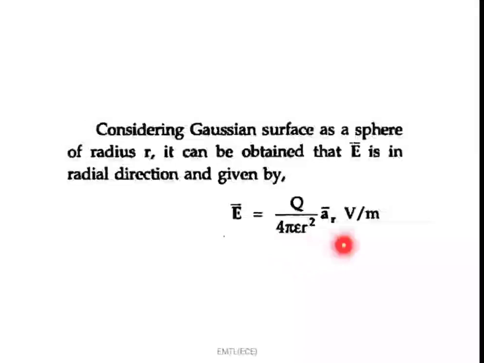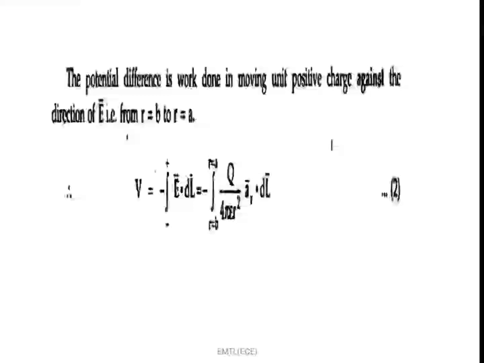Now by using this expression, we find the value of the potential difference. The potential difference is the work done in moving a unit positive charge against the direction of E bar.